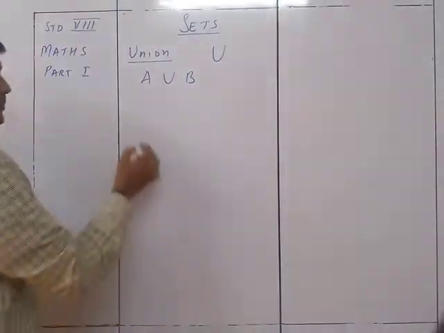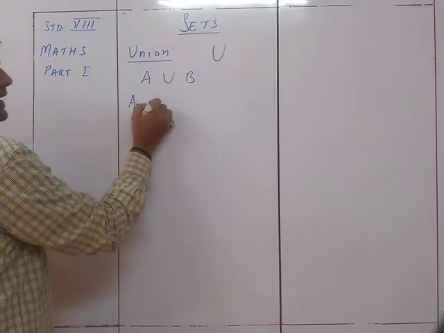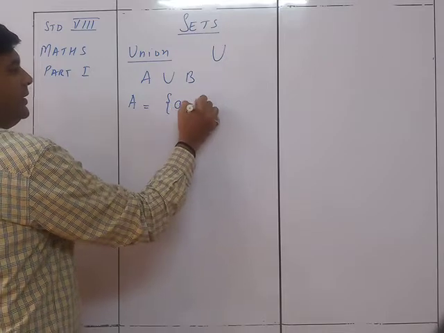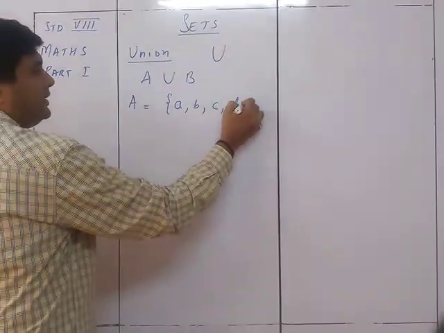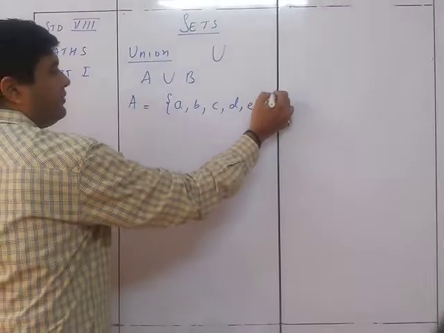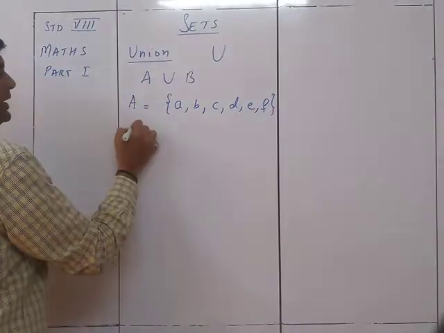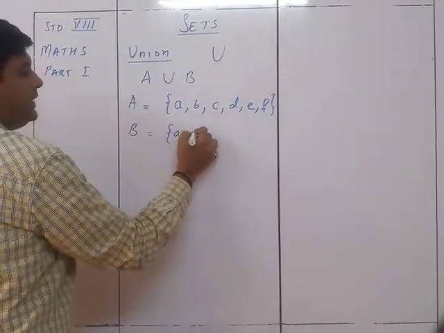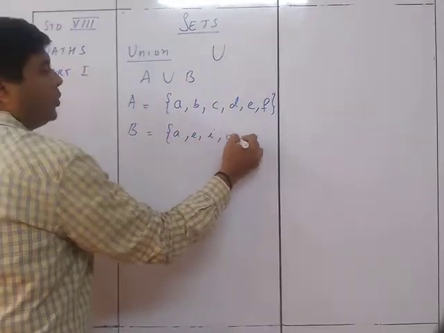Let's take an example. Let's say A is a set of alphabets A, B, C, D, E, F, and B is a set of vowels A, E, I, O, U.